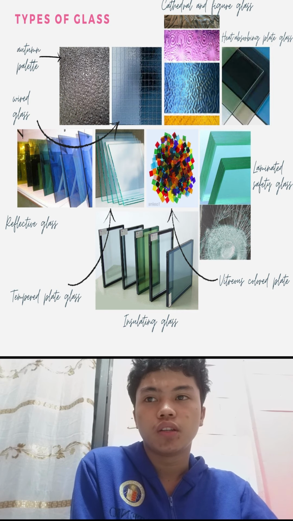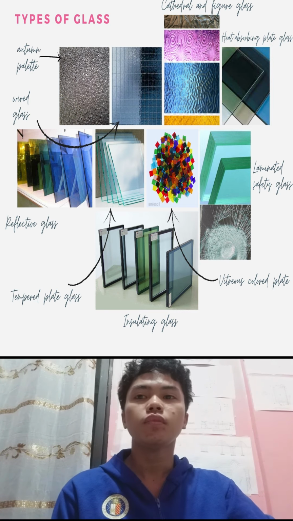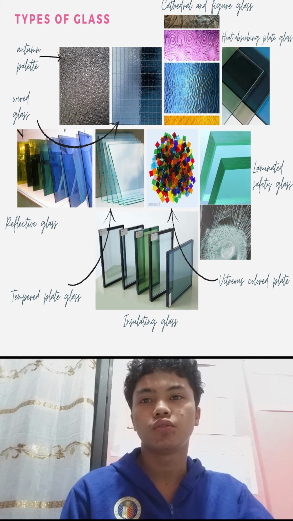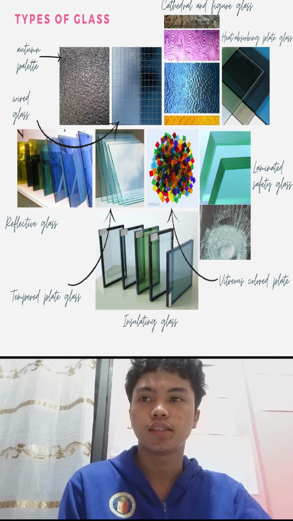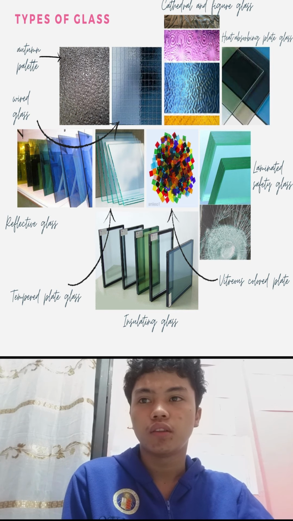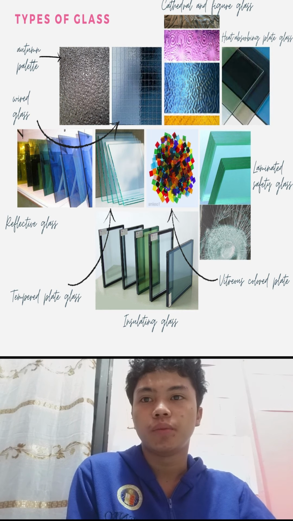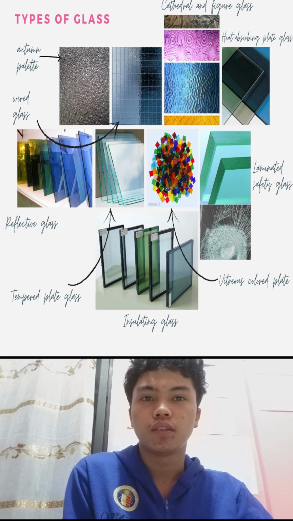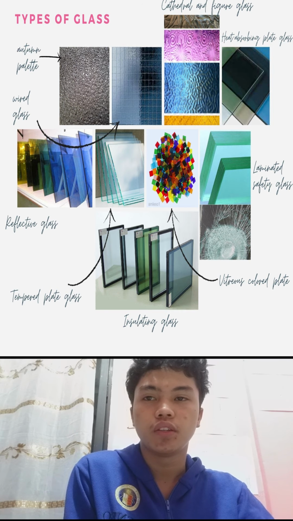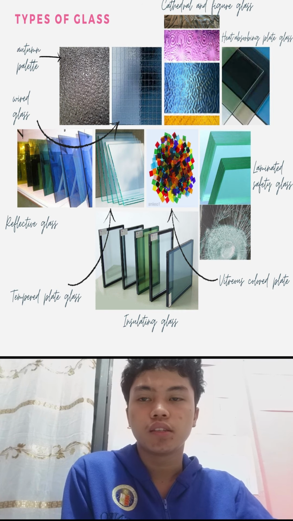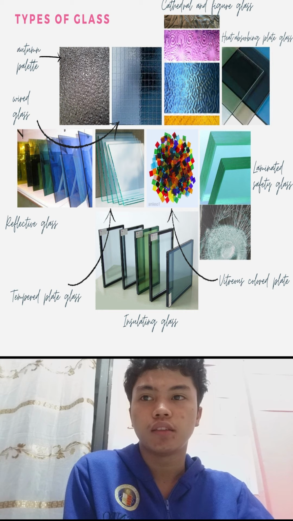Next is cathedral and figured glass. Manufacturing is similar to rolled and wrought cast glasses. However, they contain a pattern or texture impressed on one surface by a patterned roller. From the word itself, it is used extensively in churches. It is also used for decorative glass in domestic and commercial buildings.